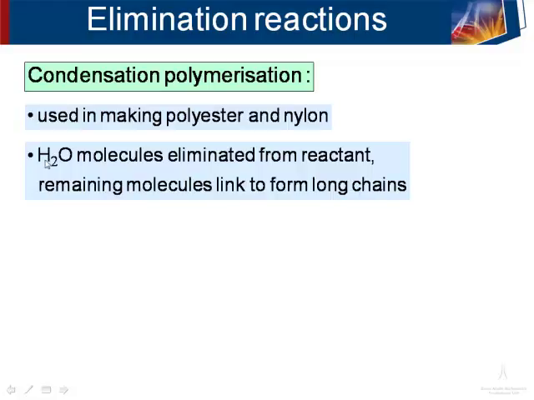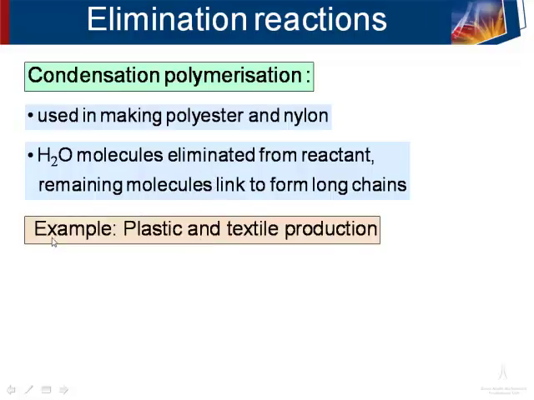So one can see here's the condensation process where the water molecules are eliminated, and when molecules are linked to form long chains, it is called polymerization. So this reaction would be a condensation polymerization reaction, and water molecules are eliminated. So an example of this is in the plastic and textile production industries.